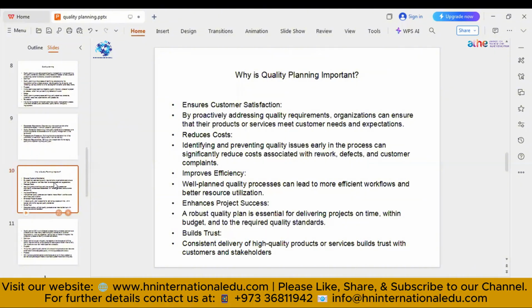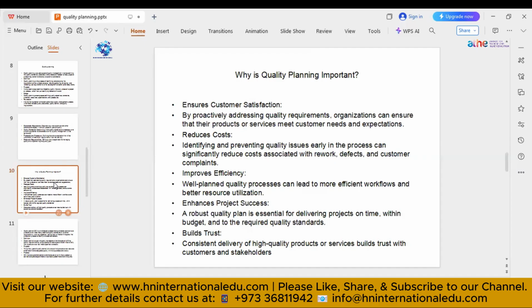Ensures customer satisfaction by proactively addressing quality requirements. Organizations can ensure that their products or services meet customer needs and expectations. Then reduces costs: identifying and preventing quality issues early in the process can significantly reduce costs associated with rework, defects, and customer complaints.